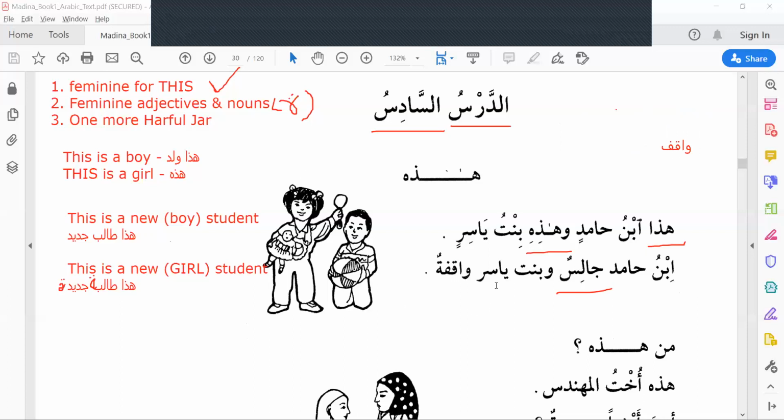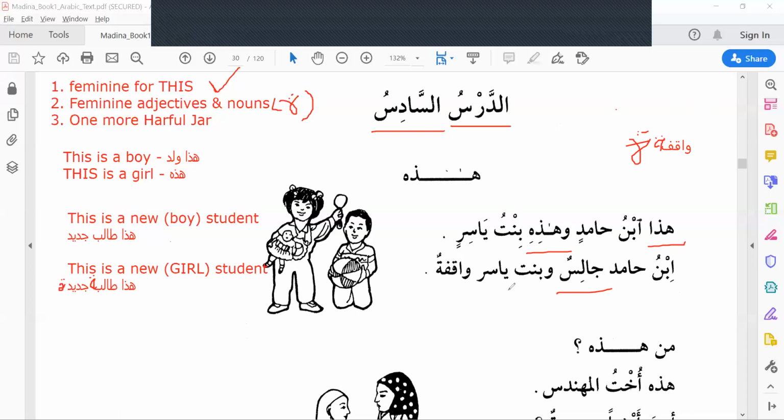If you want to use it for feminine, you have to just add an additional ta here. When you write, it should be like this. So waqifatun. Bintu Yasirin waqifatun.